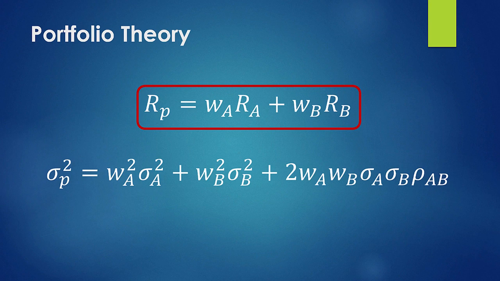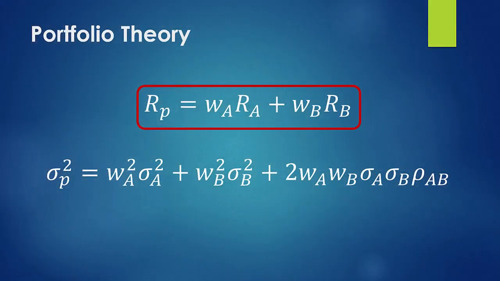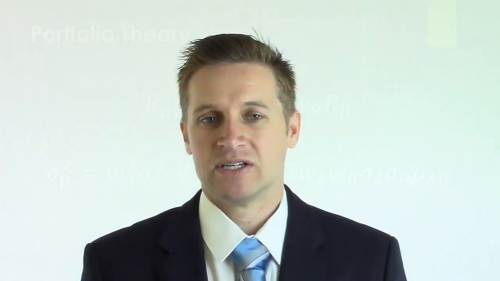So if you have a portfolio that's 60-40 or 50-50 or 70-30, you're going to plug that into this equation. You take the weight of asset A times the expected return of asset A, plus the weight of asset B times the return of asset B. And that will give you the overall return for the portfolio. That's pretty straightforward, and I think most people understand that.